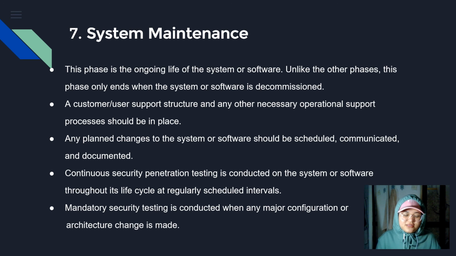Any planned change to the system or software should be scheduled, communicated, and documented. Continuous security penetration testing is conducted on the system or software throughout its life cycle at regularly scheduled intervals. Mandatory security testing is conducted when any major configuration or architecture change is made.